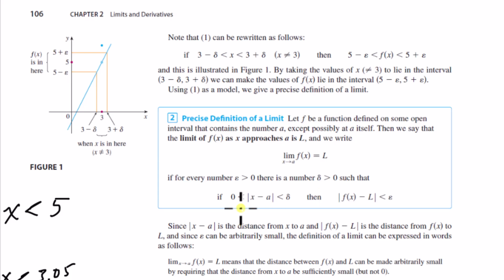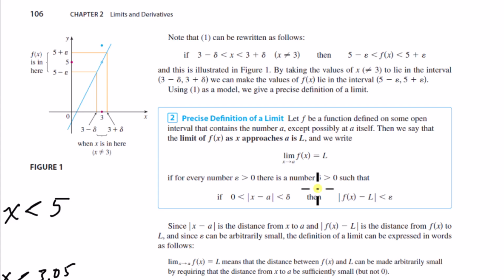It's restricting the x values that you're going to be picking from in regards to this whole definition of the limit here. We're putting a restriction on the x values. So when we come to this second part of the definition of the limit, delta is saying that you can pick any x value you want on either side of a as long as you aren't delta away from a. And at the same time, as long as that x value isn't equal to a itself. Otherwise, the absolute value of x minus a would be 0.